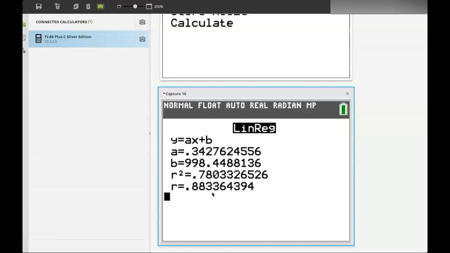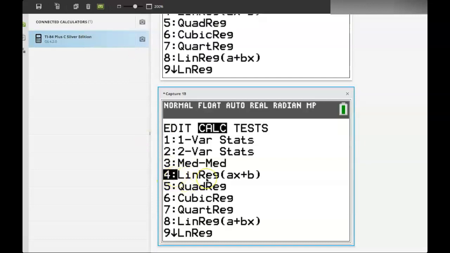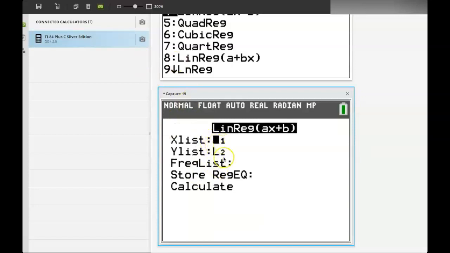So again, stat. Okay, now choosing number 4. For both of these, I'm choosing this one. Enter. Now here again we have L1, L2, but our data are in the third and fourth column. We should have L3, L4.